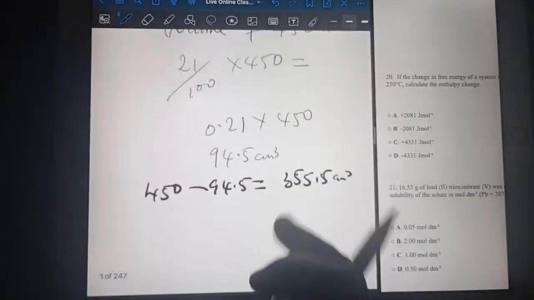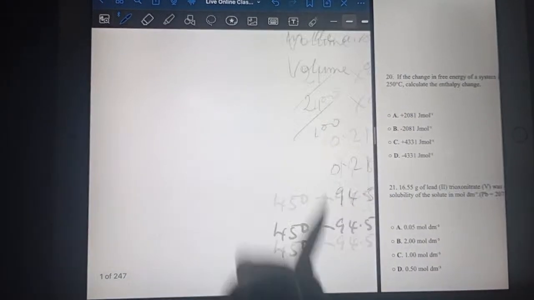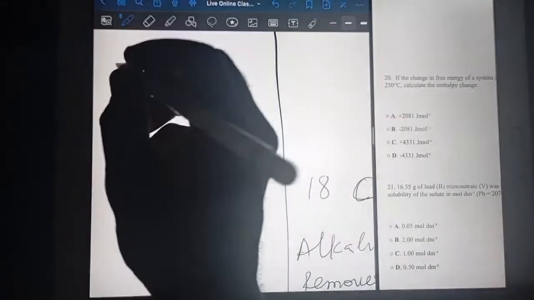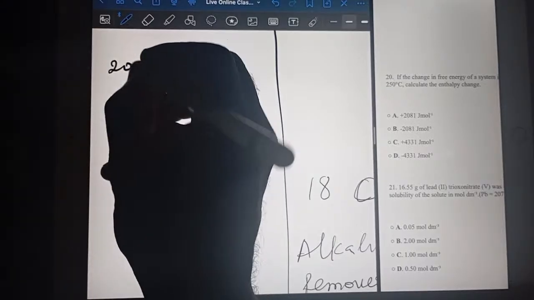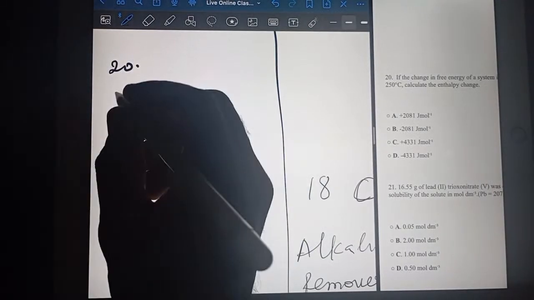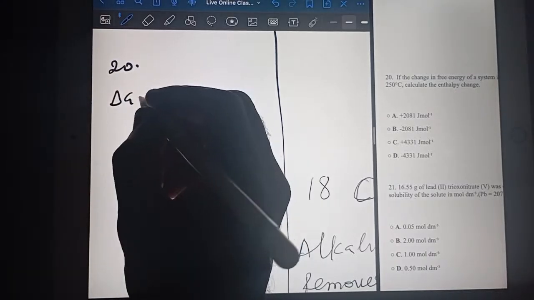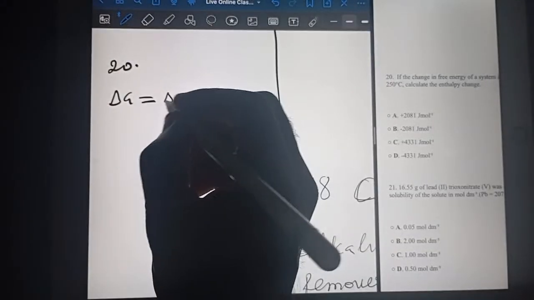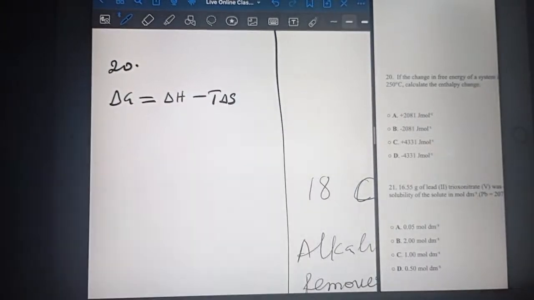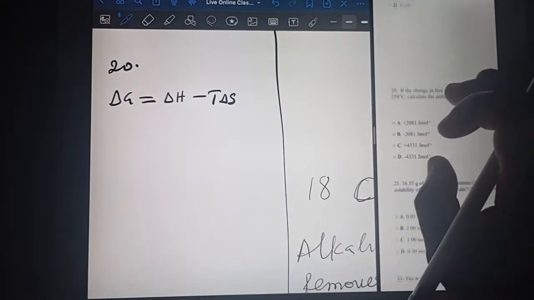Please listen to my explanations well, not just the final answer. We are going to use this formula for question number 20: change in free energy is equal to heat change minus temperature times change in entropy, and they are looking for change in heat.